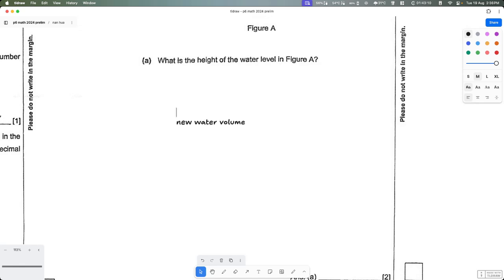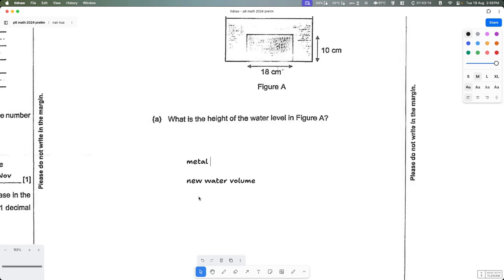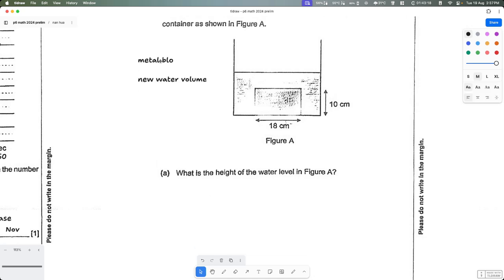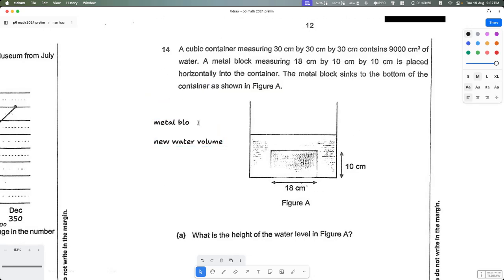So let's get the metal block volume. Let me just put my workings on top so it's easier to refer. Metal block volume is equal to 18 times 10 times 10, right? So this will give us 1800 centimeter cube.